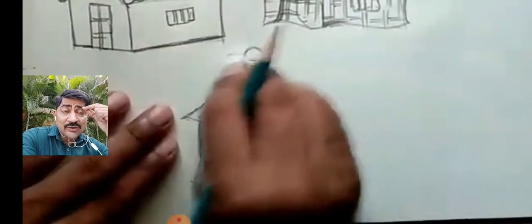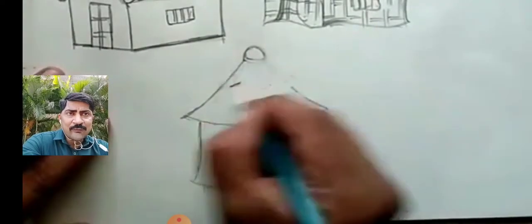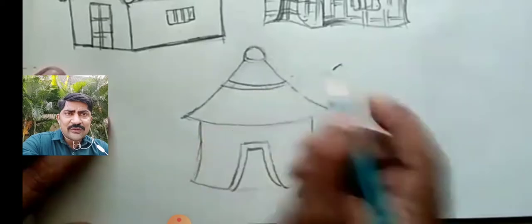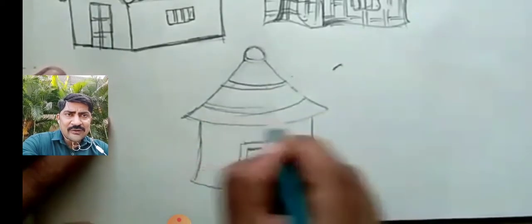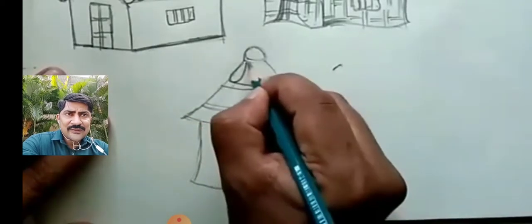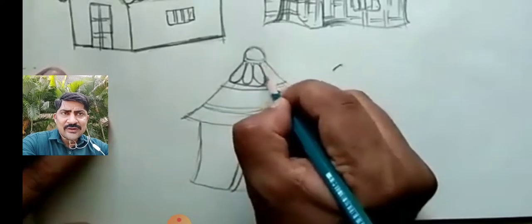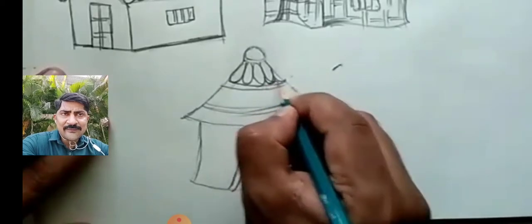Now I will teach you how to do texture, what type of texture you can do in the roof of the house. Texture will look more beautiful, you can see. First I will do two parallel lines, curved parallel lines. Then in the first portion we will do this shape, an old type of shape, or the shape of a leaf.